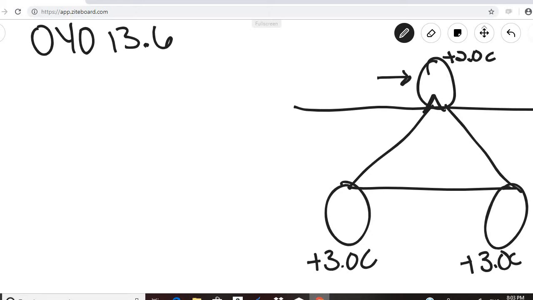So if we draw this out like that, that's going to be a 60-degree angle. And so this one also, if we draw that out, that would be a 60-degree angle here. Okay, and so those are the main angles that we need to concern ourselves with.